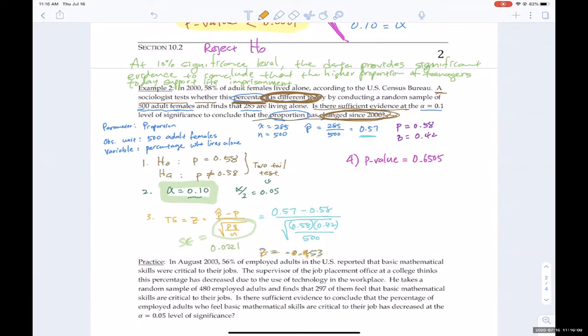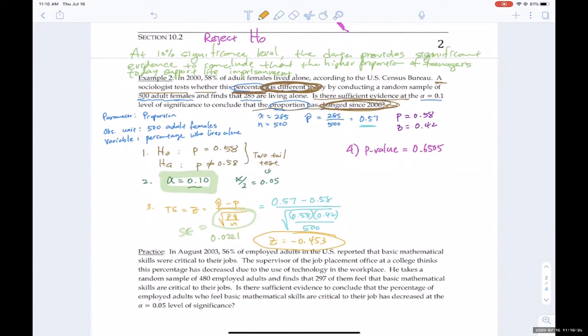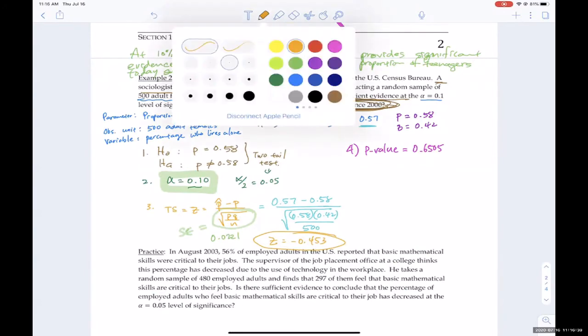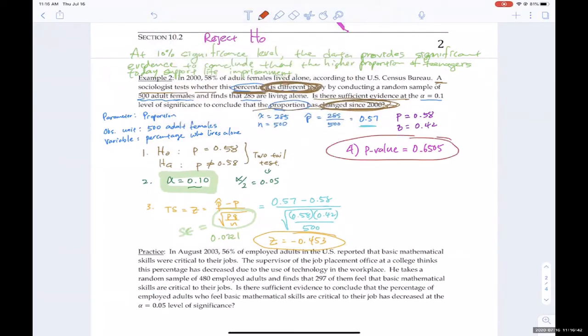If you had to do this by hand, there are two approaches: the critical value approach or the p-value approach. If you're using the critical value approach, you will use that Z value. But since we're doing this with StatCrunch, this is the most important thing right here.